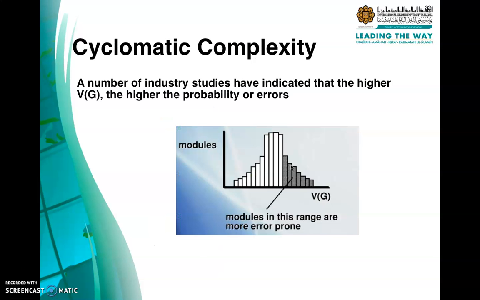A number of industry studies have indicated that the higher the cyclomatic complexity, the higher the probability of errors. The greater the value of V of G that we obtain, the higher the possibility of finding an error in the code.